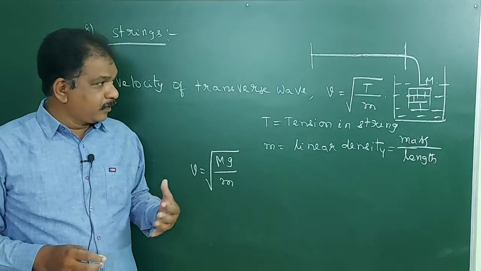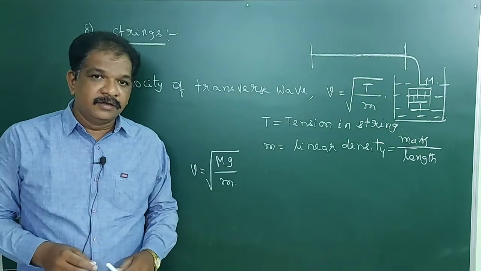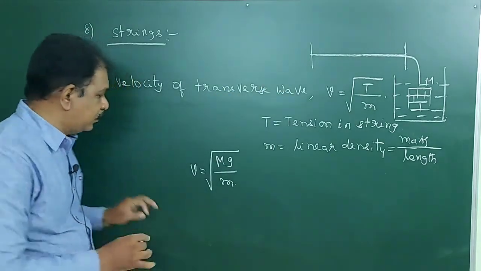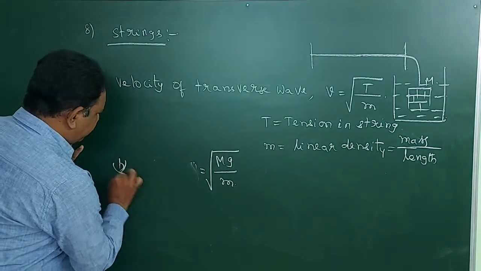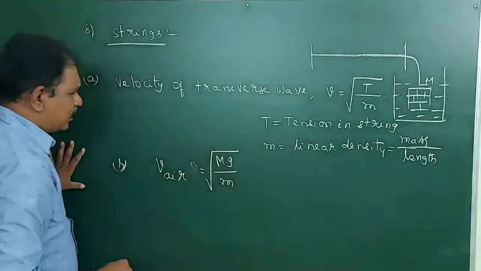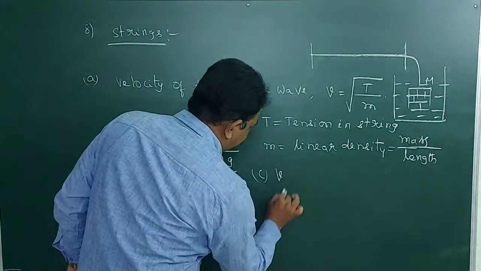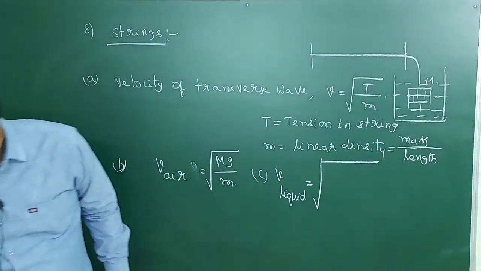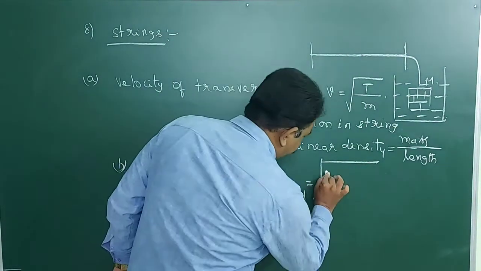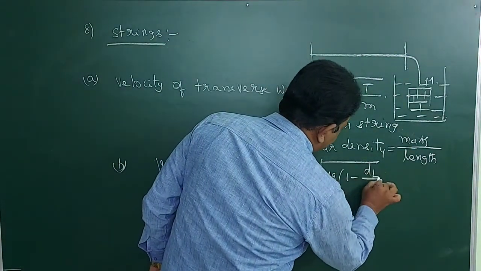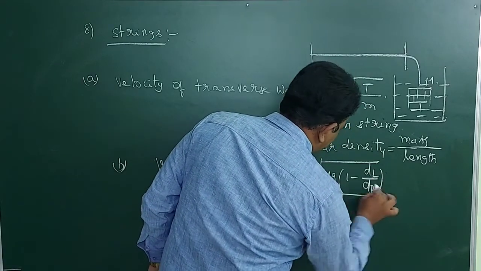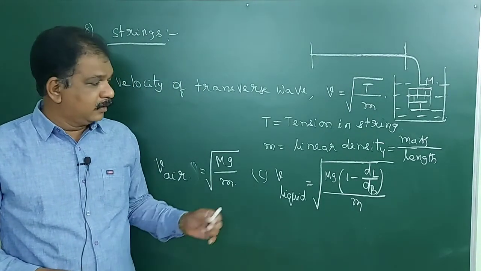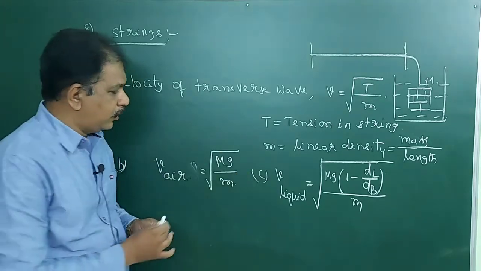If the load is kept in a liquid, then V liquid is equal to square root of Mg into (1 minus dl by dB) by small m, where dl is the density of the liquid and dB is the density of the body.